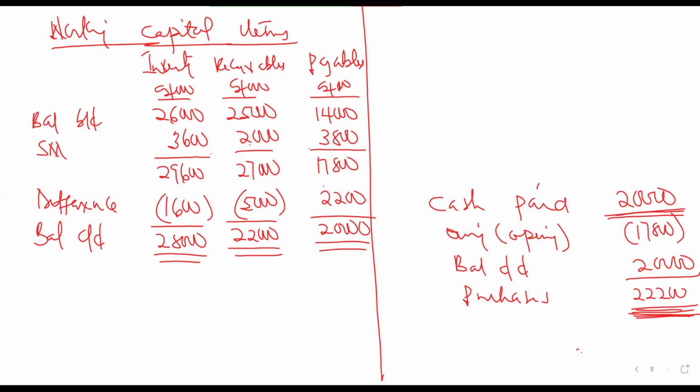So what is happening now? It means that our purchases has been increased by 2,200. So if we know the purchases, we have to go and take the 2,200 from this one. Since we don't have this figure, we know that the effect on the cash is that it reduces the cash by 2,200.